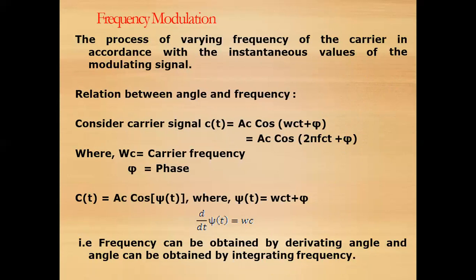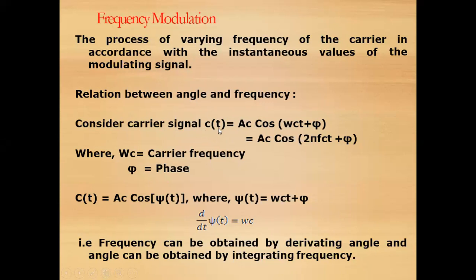Actually, first of all, we will see a carrier signal. What is the relation between angle and frequency actually? First of all, consider one carrier signal, that is AC. We all know that carrier signal is represented by C of t, as we are taking it as cosine signal with an amplitude, frequency and phase.